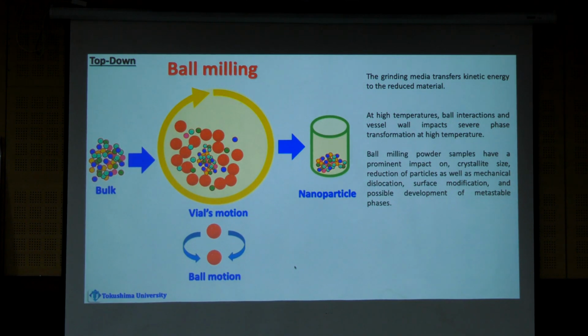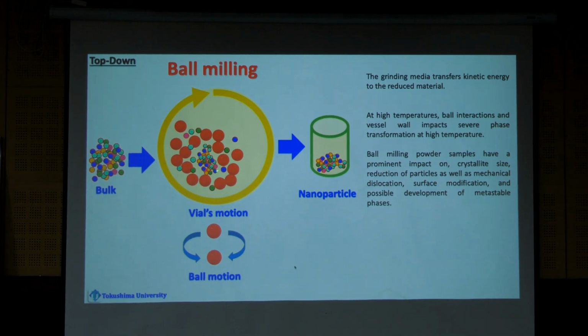Ball milling means crushing or grinding the bulk material, and this crushing and grinding can reduce the size. However, as I told you, when you crush something randomly, it is not uniform. The probability of hitting by these red balls: let's say these two red balls hit one particle one time, and this one maybe 10 times.